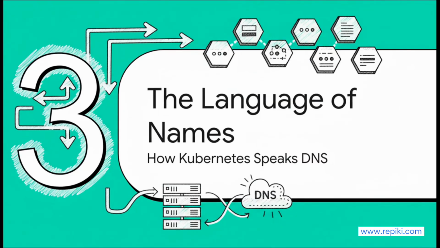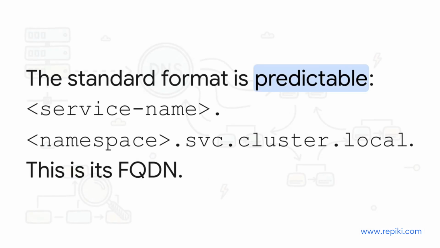Now, for all this magic to work, Kubernetes needs a language, right? It relies on a very specific and, this is the important part, a very predictable naming convention. This standard is what lets your apps reliably find each other without ever needing to know a single IP address. And this is what that language looks like. Every single service gets what's called a fully qualified domain name, or FQDN.